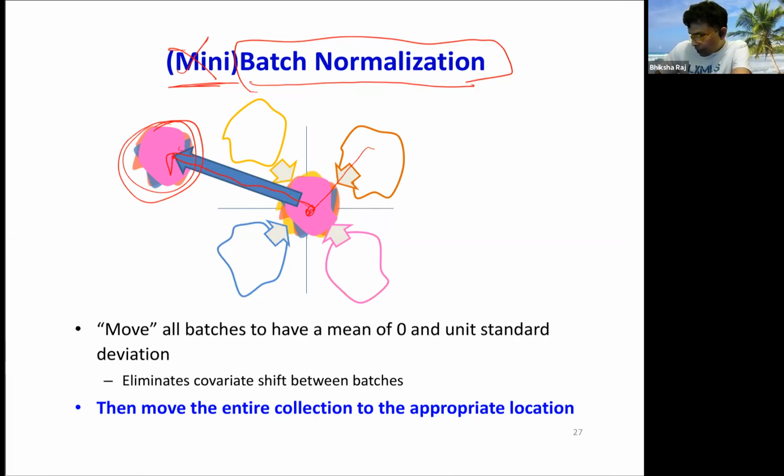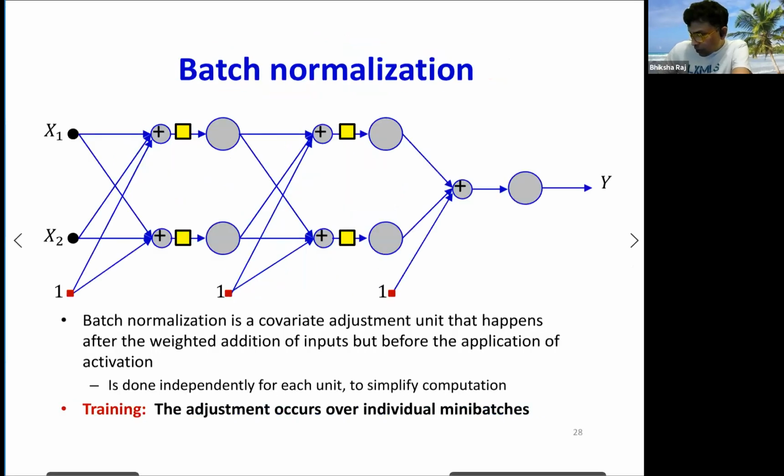Now, batch norm is generally implemented as a covariate adjustment unit, this little block over here, that happens right after the affine computation of the affine value at each of the neurons, but before the application of the activation.